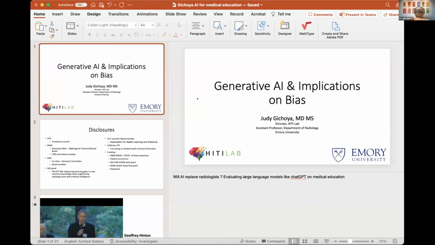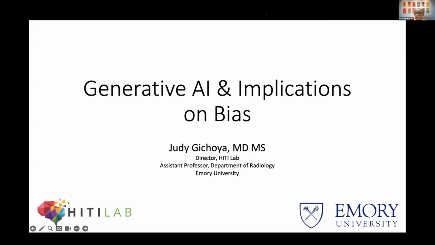So I'll just speak about generative AI and implications of bias. And what I have to say is that, the excitement around generative AI, and especially, following up with the prior speakers, number one is, as radiologists, we always live multimodal. This interaction of text and images is not new to us.